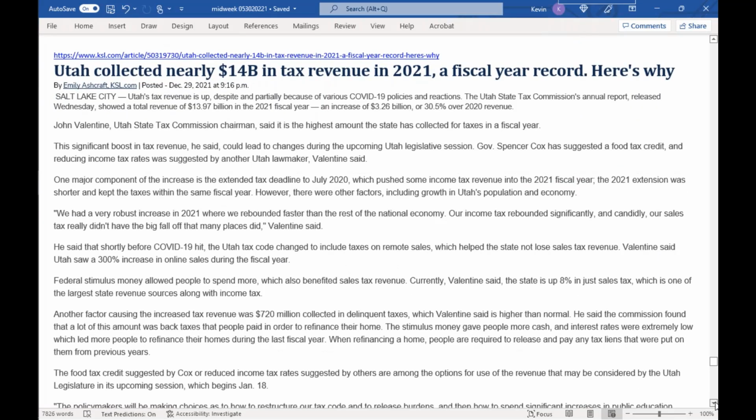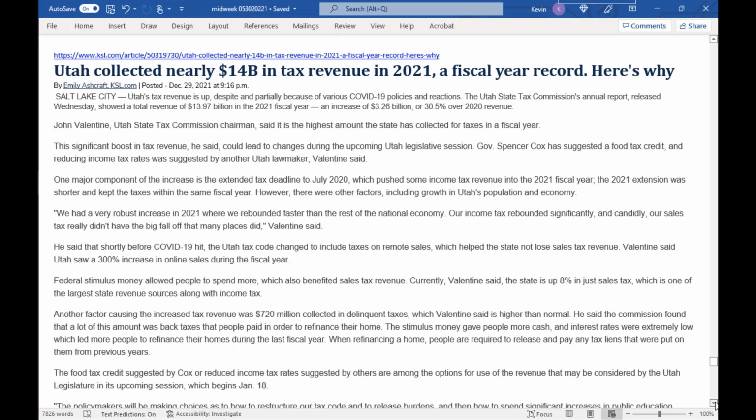I found it interesting. Utah collected nearly $14 billion in tax revenue in 2021. A lot of people just want to say, well, that's because the deadline was increased, but it wasn't. In my state, they've collected more taxes last year for 2020, which was COVID, which was people didn't have jobs.